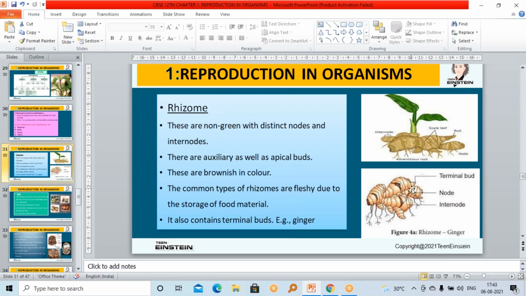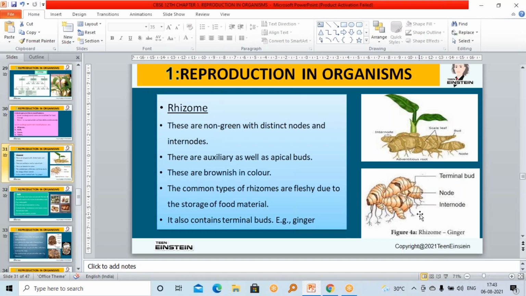Now the main types of stem modification. Underground stem modifications are rhizome, bulb, corm, and tuber. These are the main types of underground stem modifications. Let's discuss them one by one.